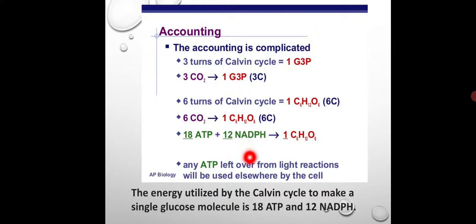ओके, मीन्स व्हाट, एक साइकिल में हमें 3 ATP लगते हैं. एट द 1 साइकिल वी रिक्वायर्ड 3 ATP. सो 6 साइकिल्स में कितने लगेंगे?